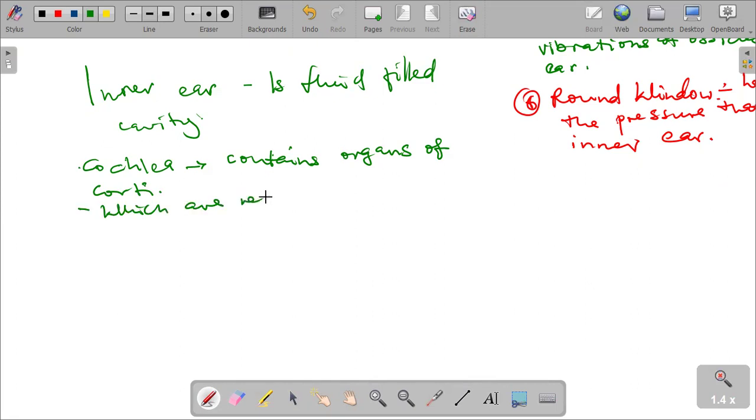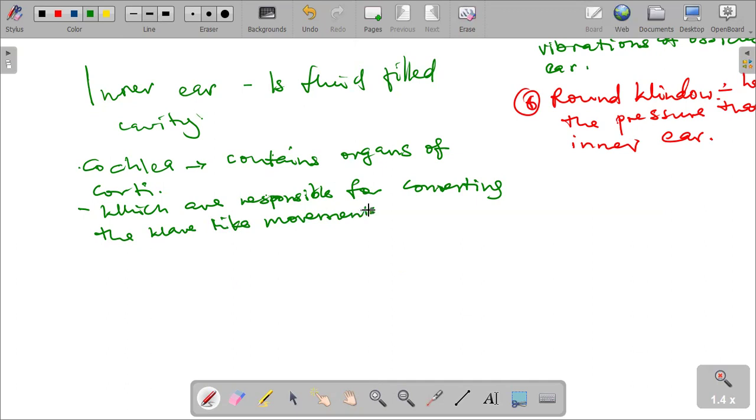They are responsible for converting the wave-like movements of the fluid into nerve impulses.